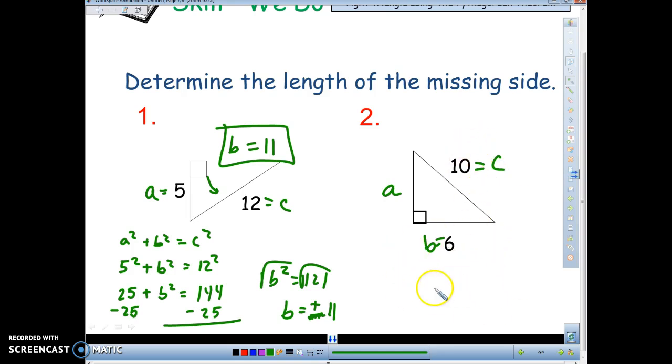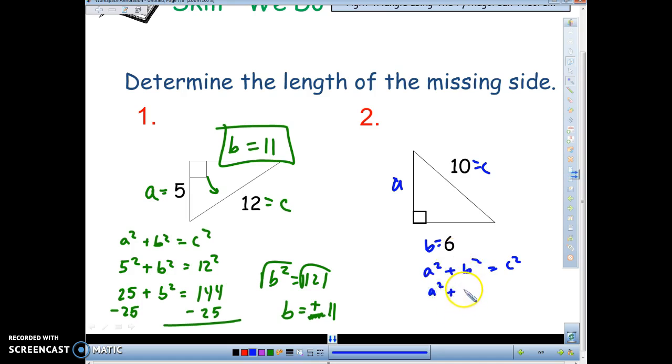So I'm going to go ahead and fill out the Pythagorean theorem. I just want to do it in a different color to help make it obvious. So A squared plus B squared is equal to C squared. Well, A is unknown, so A squared.